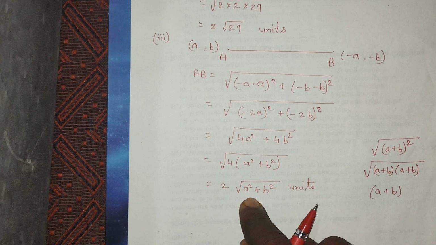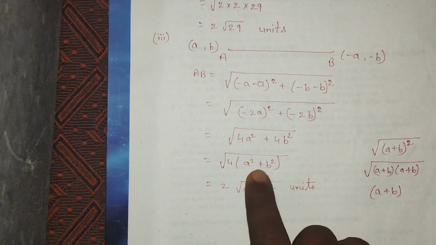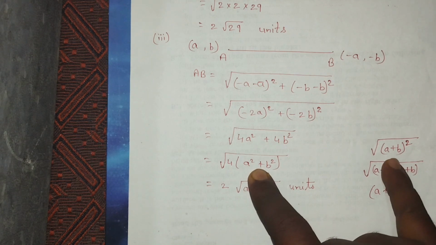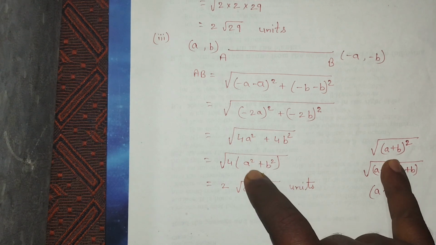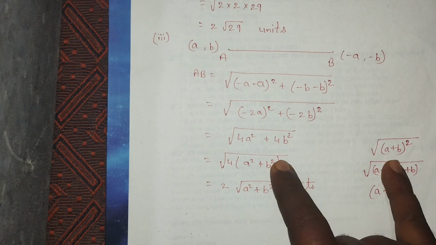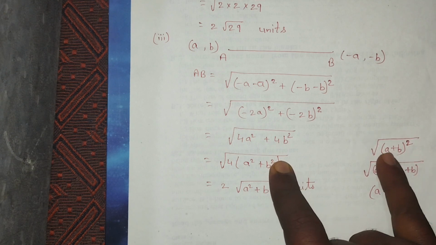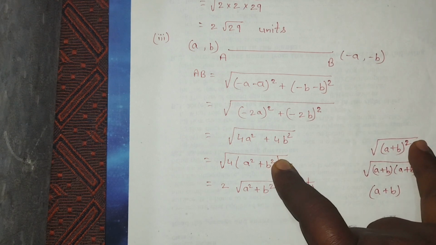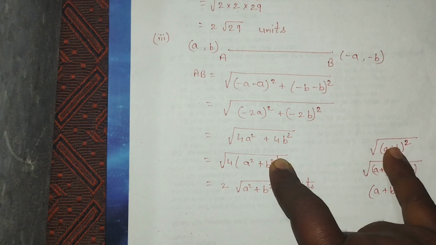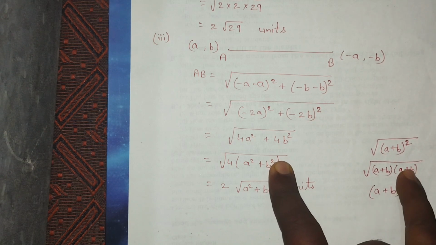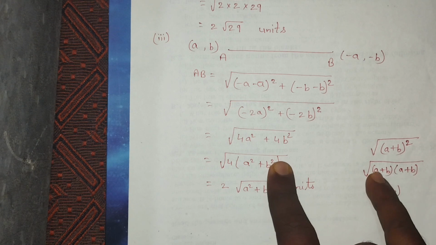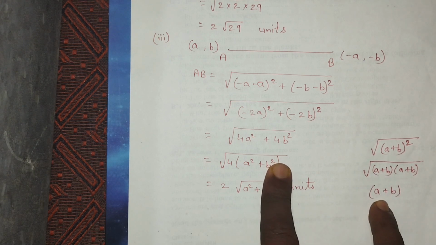You have to give 2 minutes here to stop and think the basic difference between this and this. Here you get a square plus b square, but here you get a plus b whole square. If it is whole square, then it will be written like this, and one set of a plus b will come out of the root.